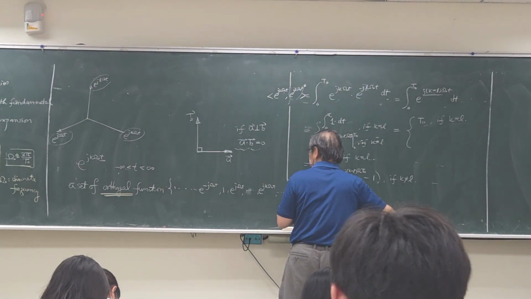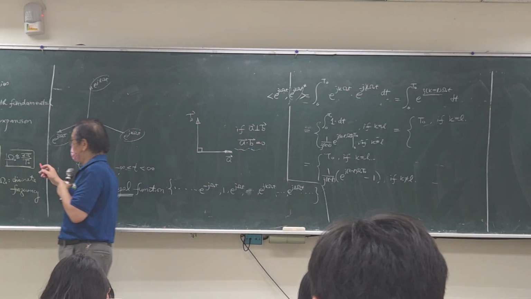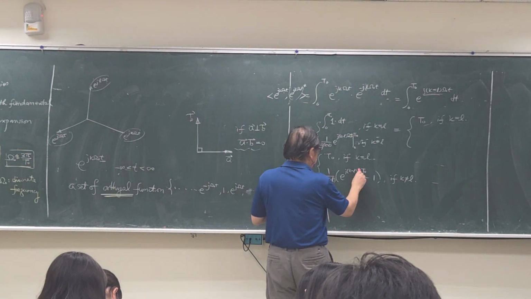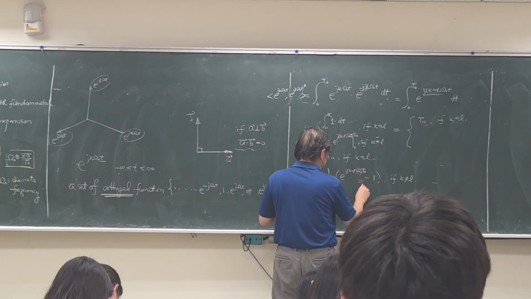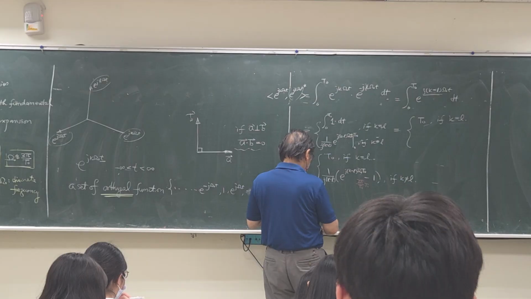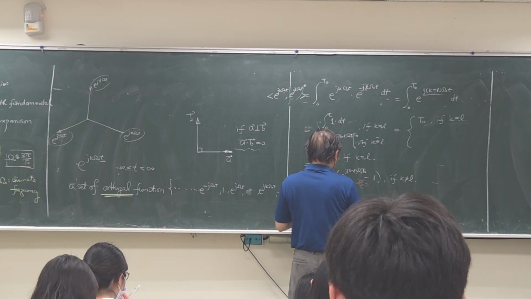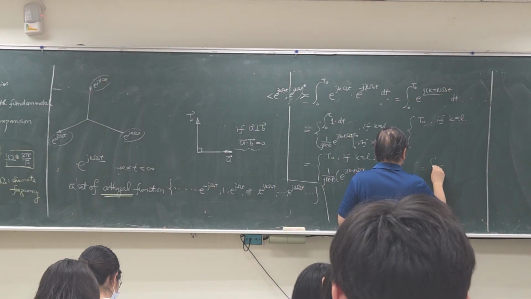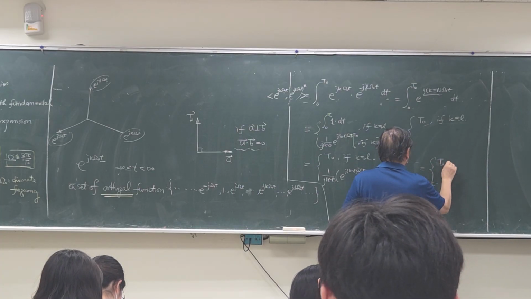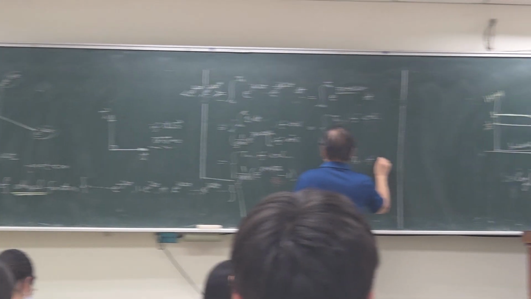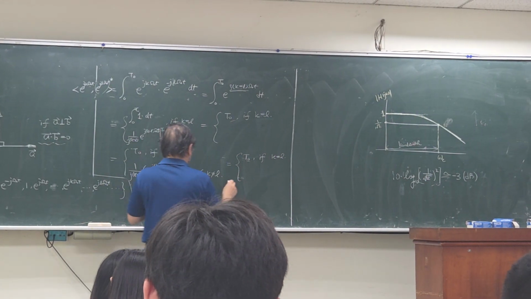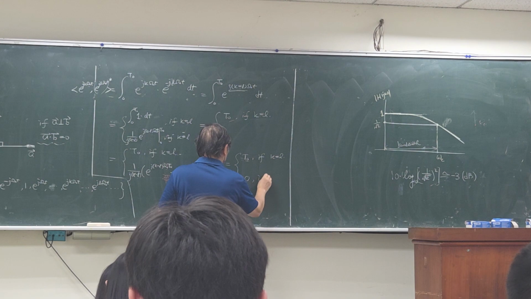Since omega 0 is 2 pi over T0, this is 2 pi over T0 times T0, that's 2 pi. So this is 1. Eventually it's 1 minus 1, that's 0.